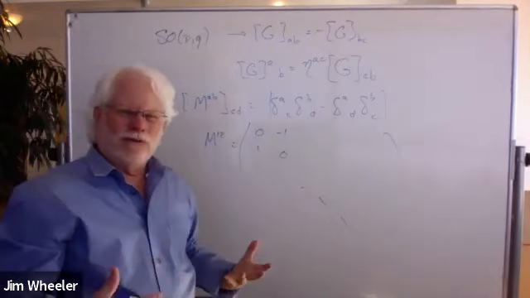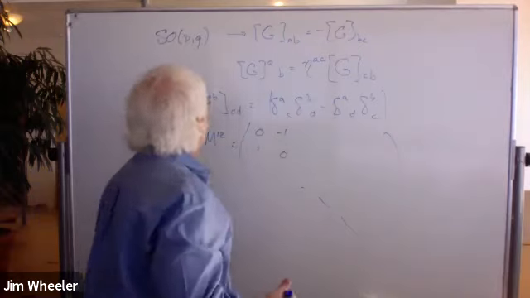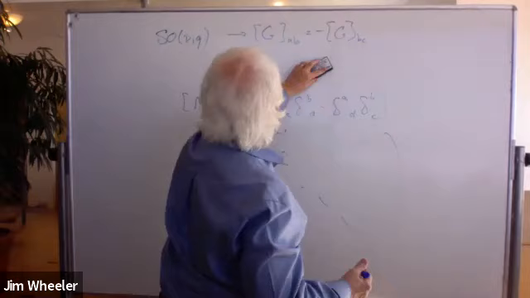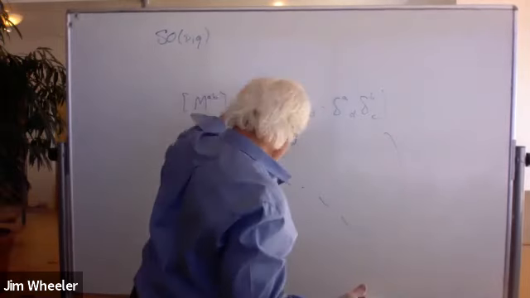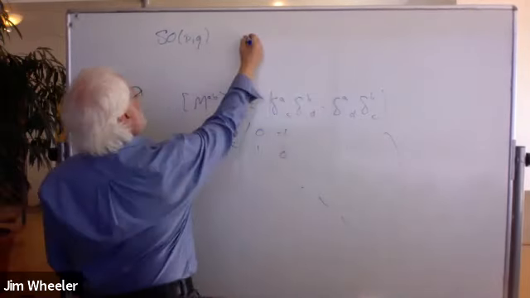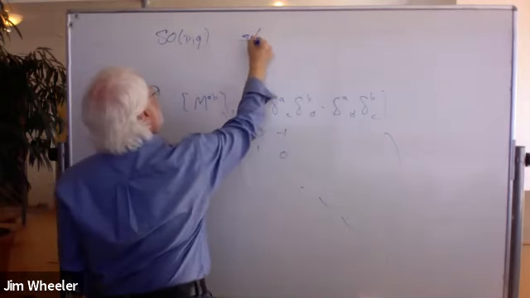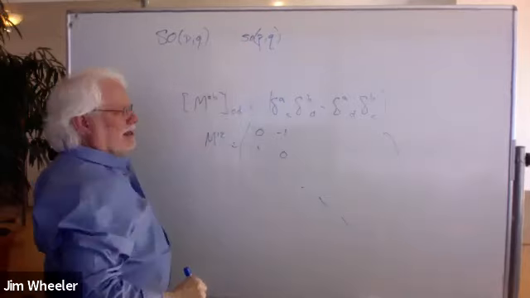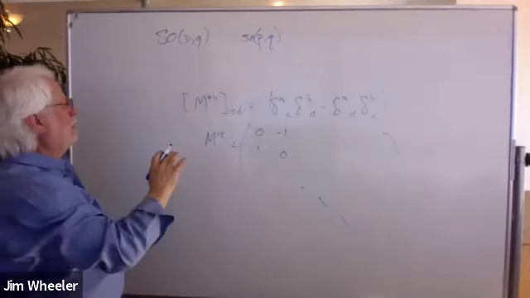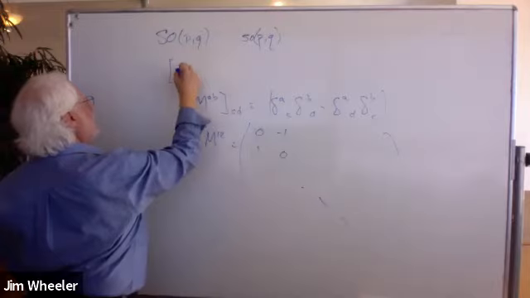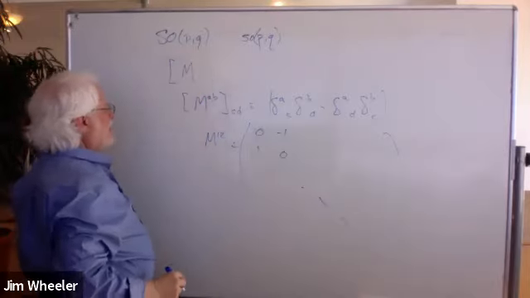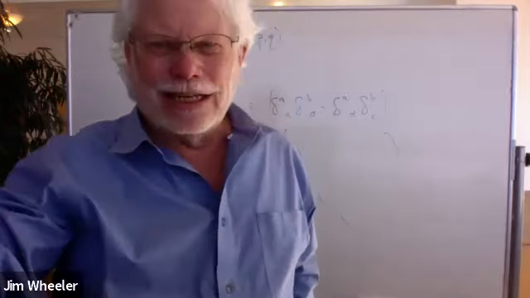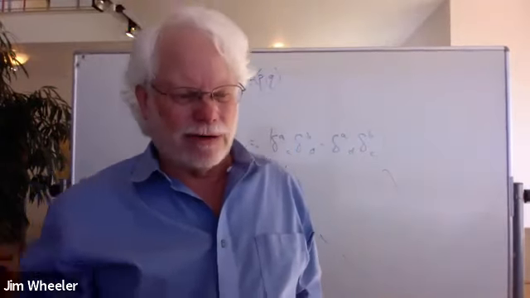So then you find the commutators of these guys and write the Lie algebra of SOPQ. The Lie algebra is written with lowercase letters, by the way. So this is the group, that's the algebra. Then the commutators, the thing about commutation relations is that they are relationships between the generators.